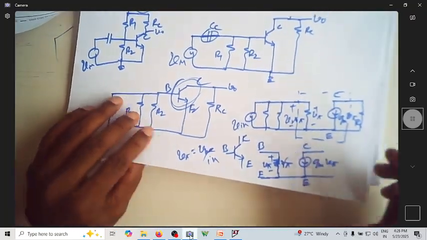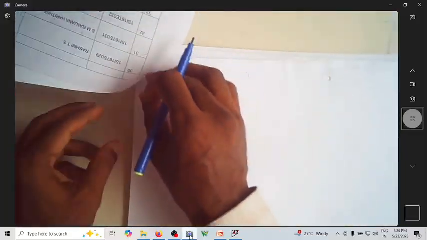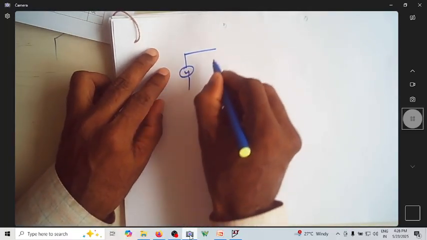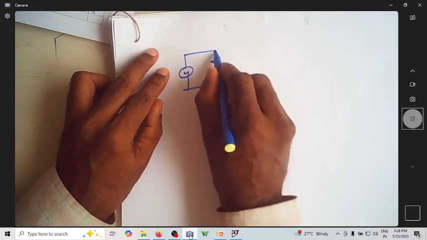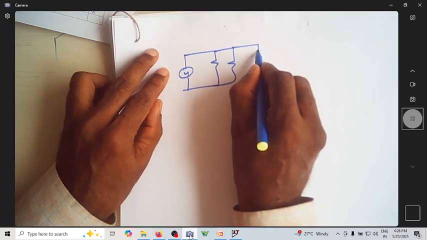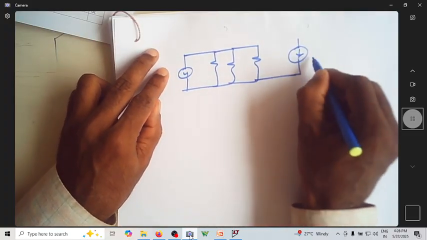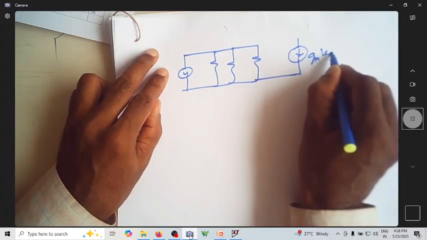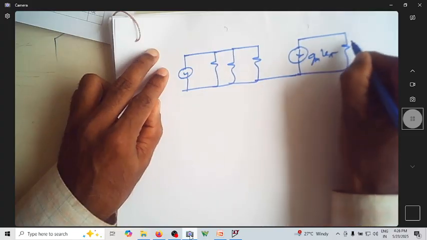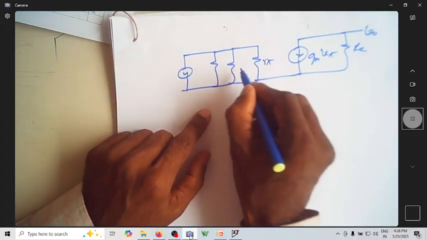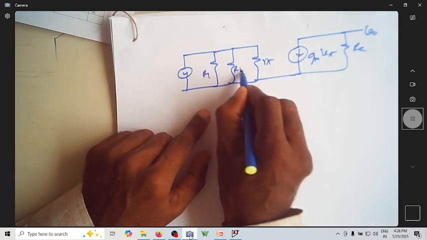So you have an equivalent circuit something like this. This is R1, R2 in parallel. This is R pi. You have a current source which is Gm times V pi, and this is V0 across RC.